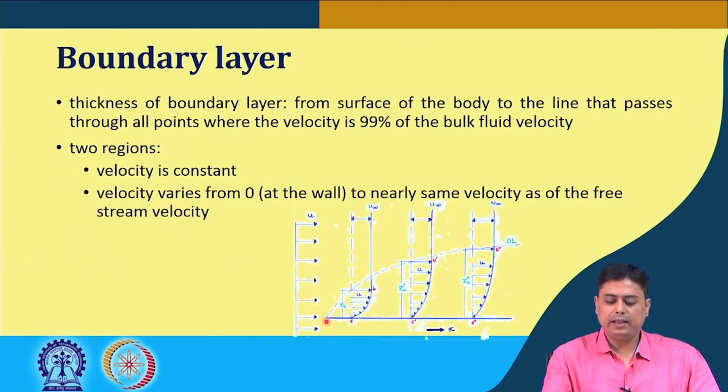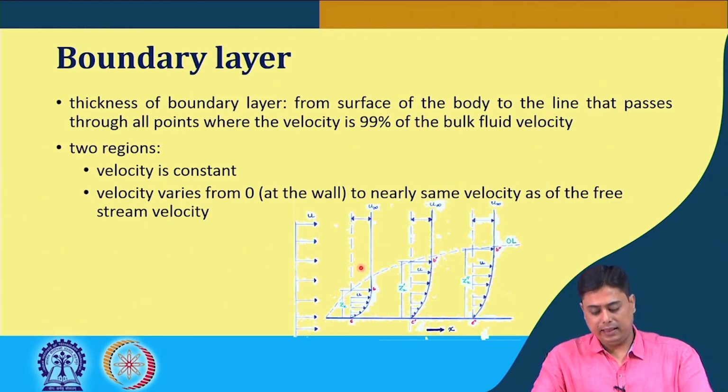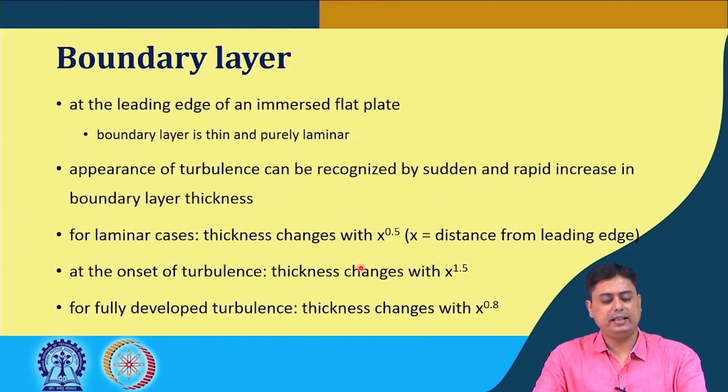Near this leading edge it is mostly laminar in nature, but then there can be a sudden increase in the boundary layer, and that indicates the onset of turbulence.